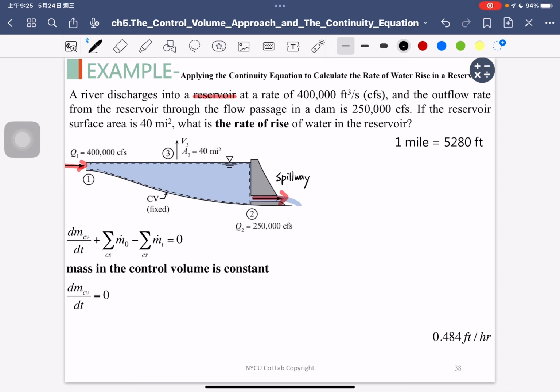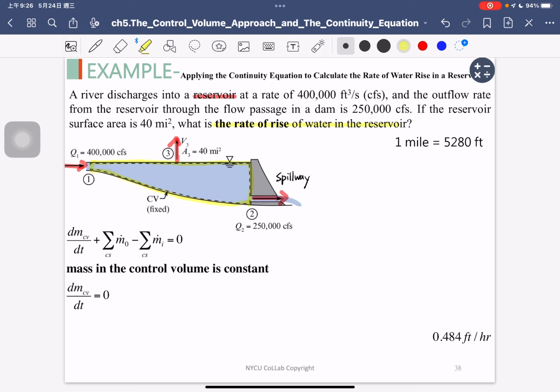In this question, we know the water level is rising at the current stage. So the question has already depicted the control surface. The dashed line is our control surface, and the inside is our control volume.